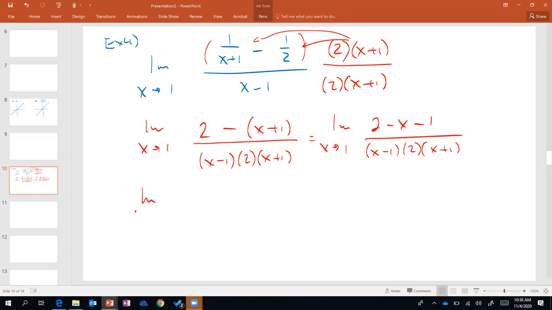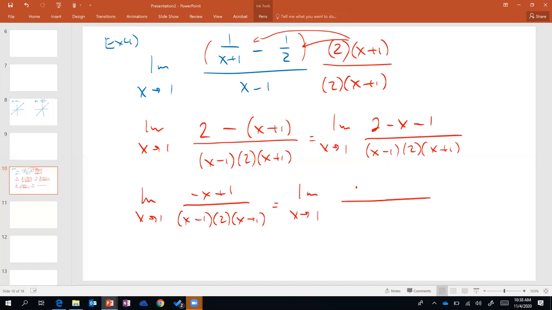Limit as x goes to 1. This is going to be what? Negative x plus 1? Am I able to factor out a negative on top? Like this.